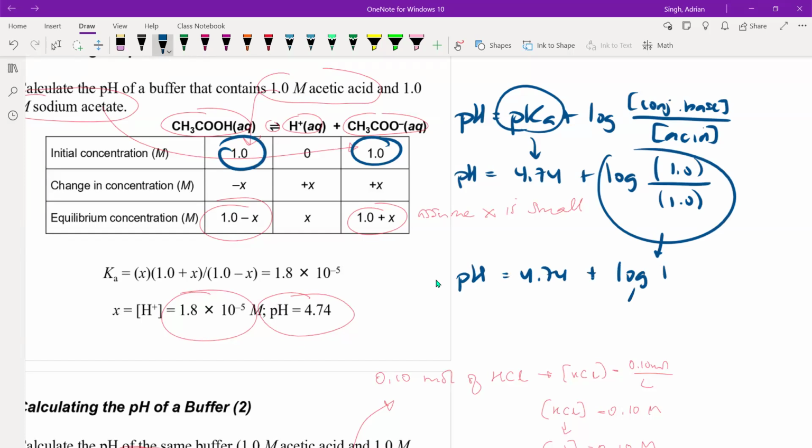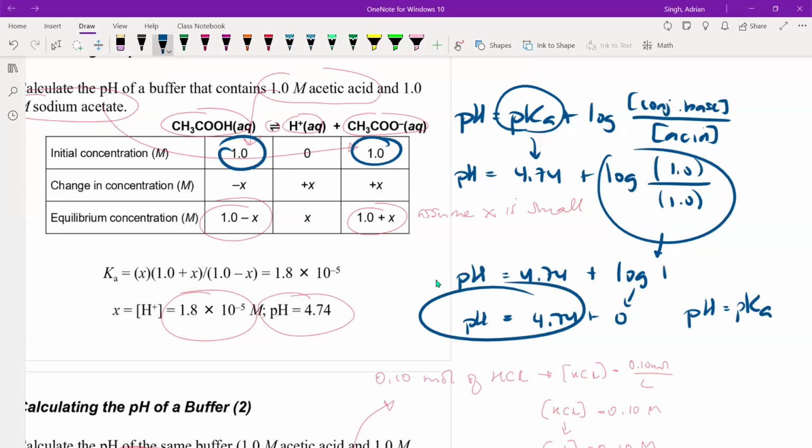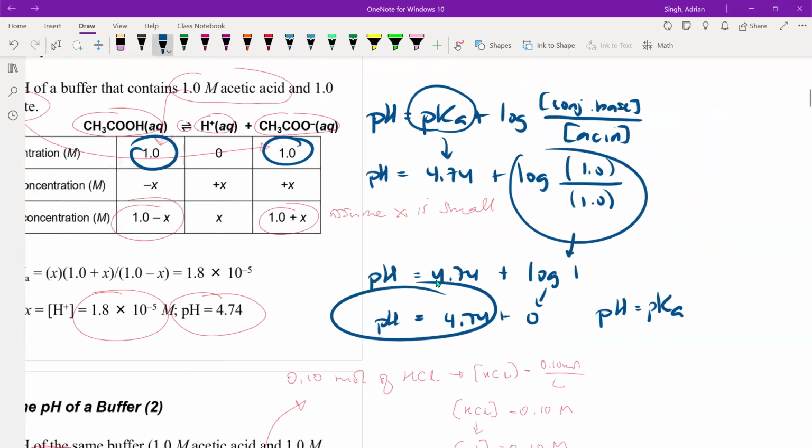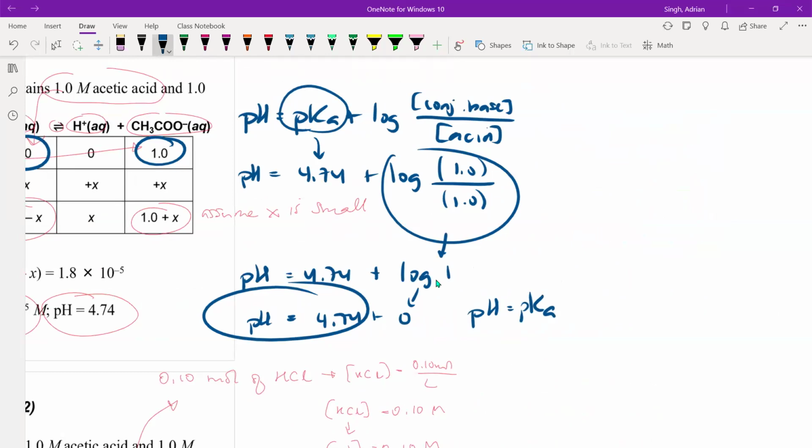Well, the log of 1 is 0. So the pH then is actually equal to the pKa. And the reason why is because the concentrations of the acid and the conjugate base are identical to each other.